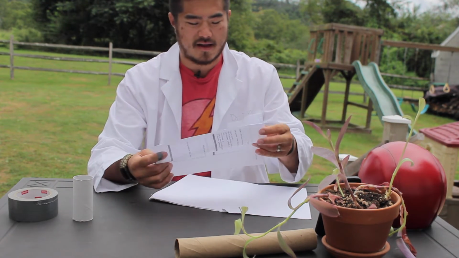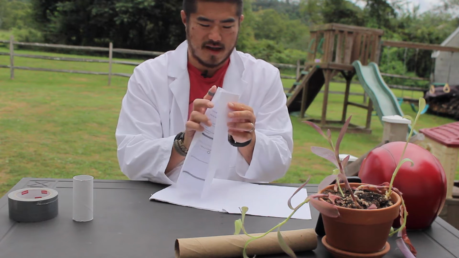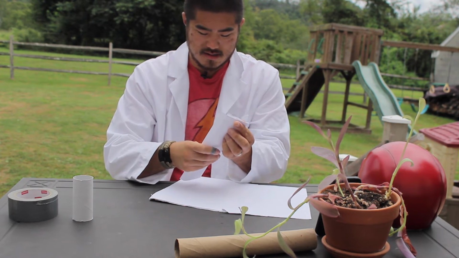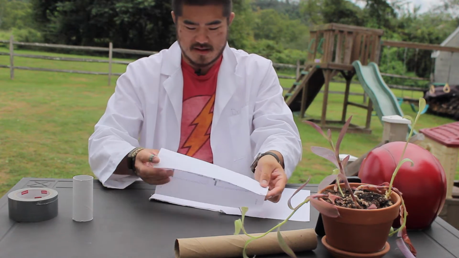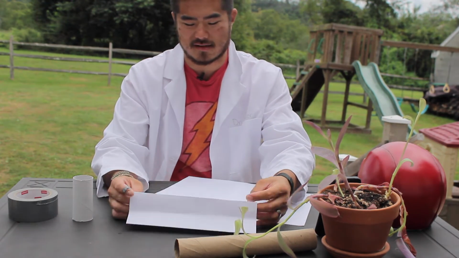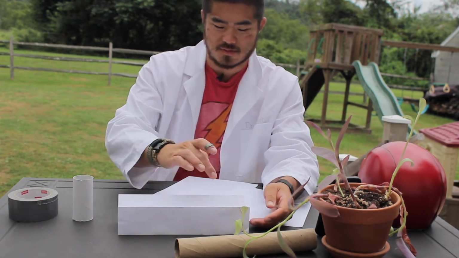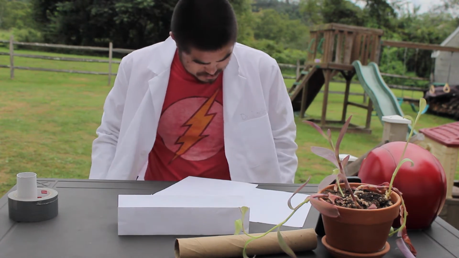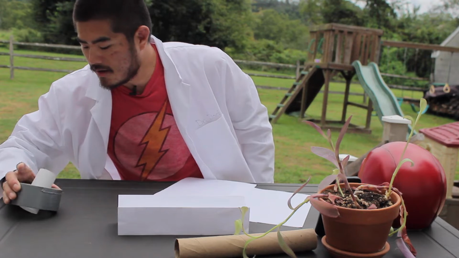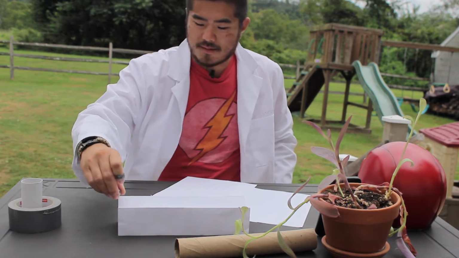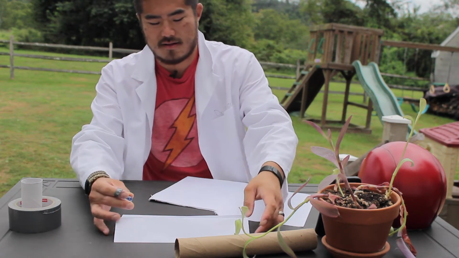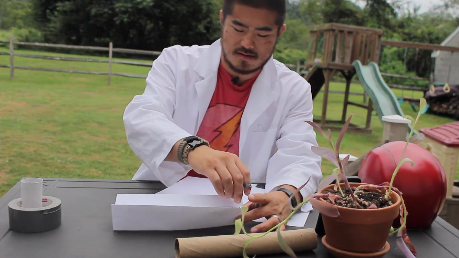I can fold it into thirds and then fold the middle one in half. So now I have something to lean on. Where did my marble go? There it is. I can make my marble go down just as well.